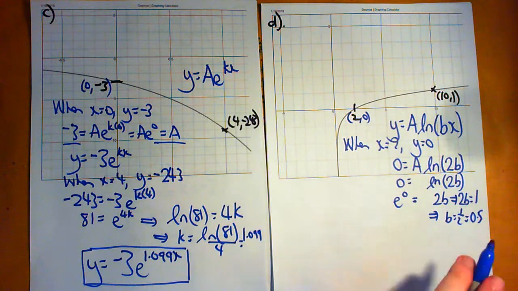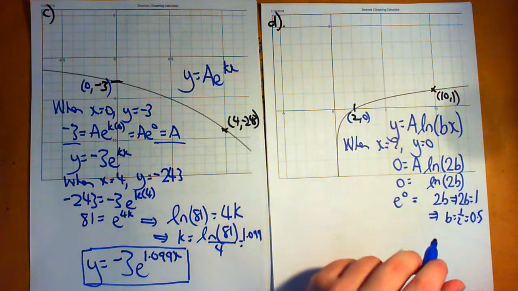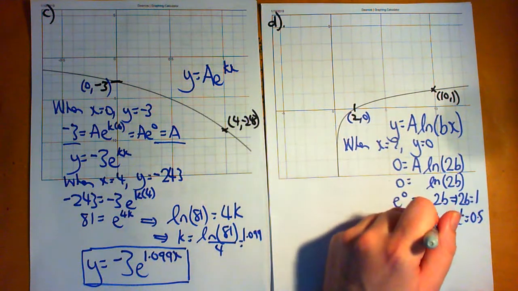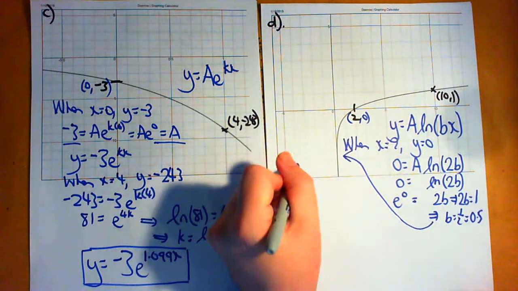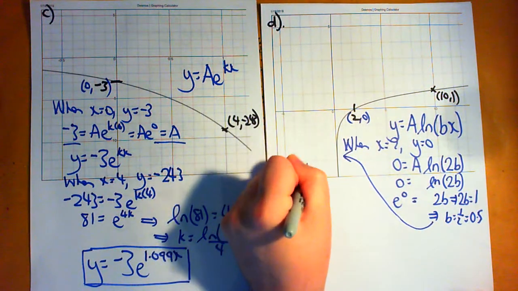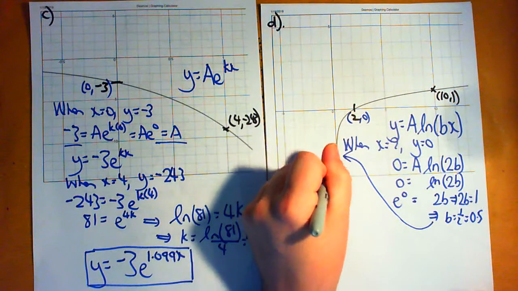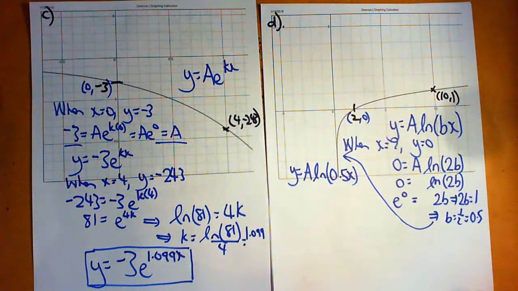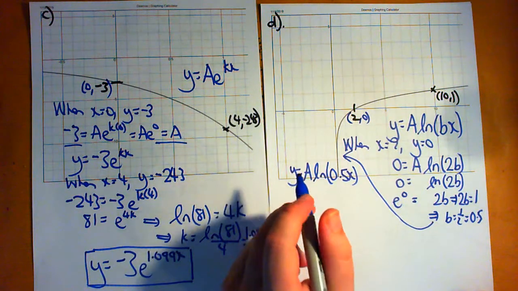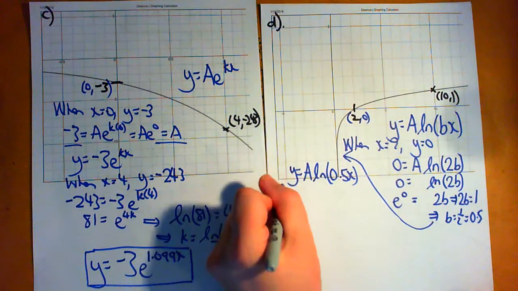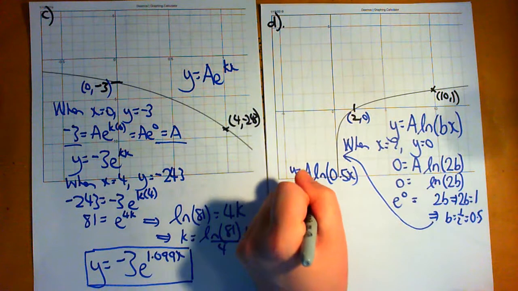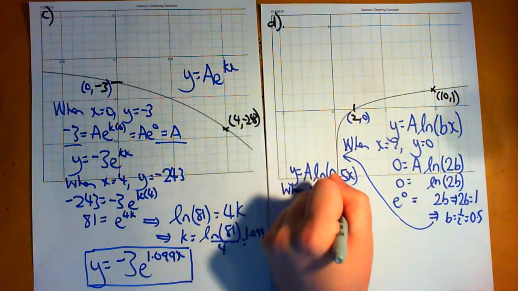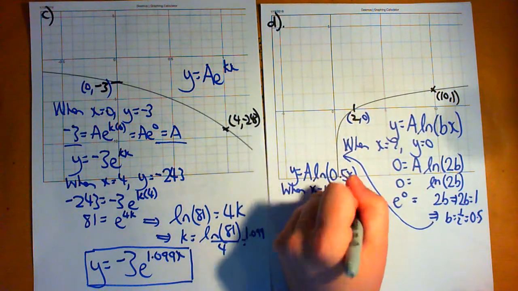So we can substitute that into y equals a ln of bx, and let's do that over here. So we get y equals a ln of b, we now know to be 0.5 times x. And we have one other point that we can use. When x equals 10, y equals 1.